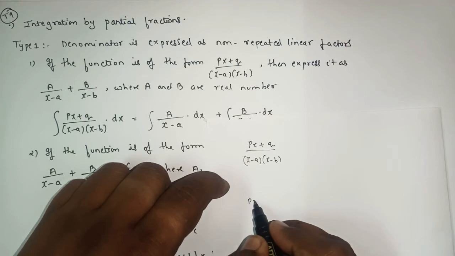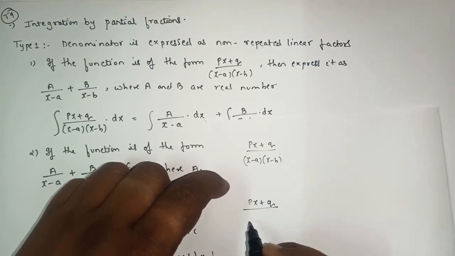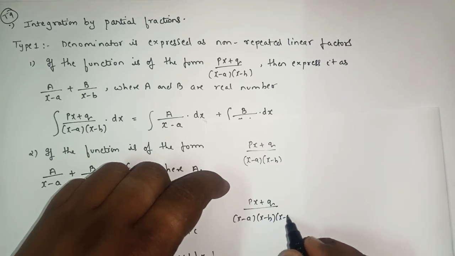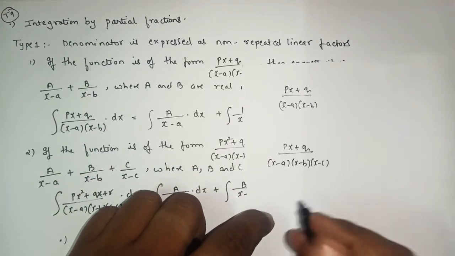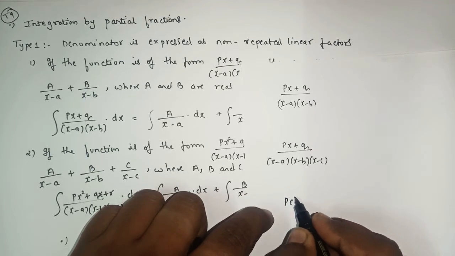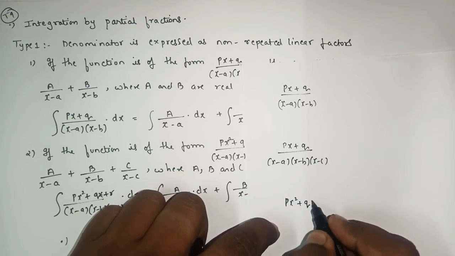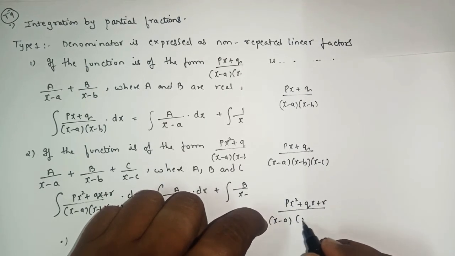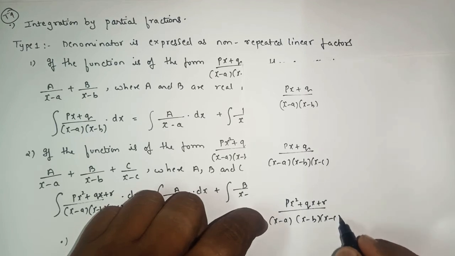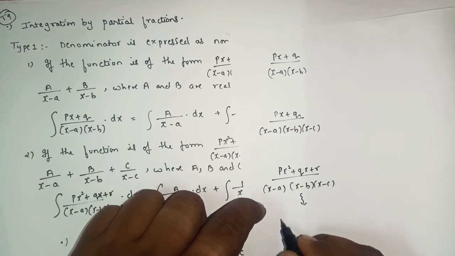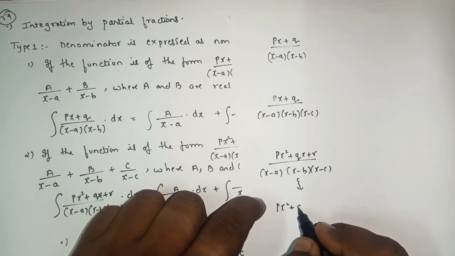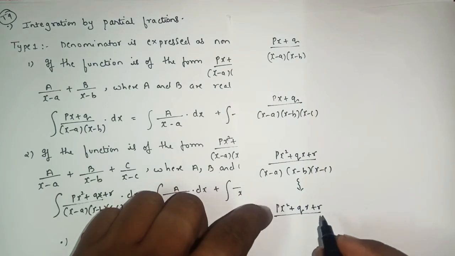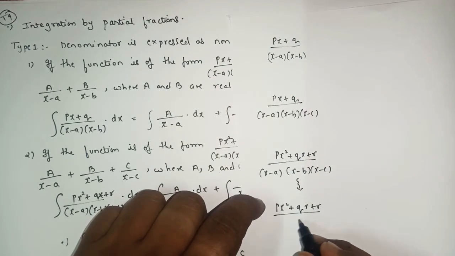Sometimes it will be px plus q upon x minus a, x minus b, x minus c. Sometimes it will be px square plus qx plus r upon x minus a, x minus b, x minus c. Or sometimes px square plus qx plus r upon only two terms.